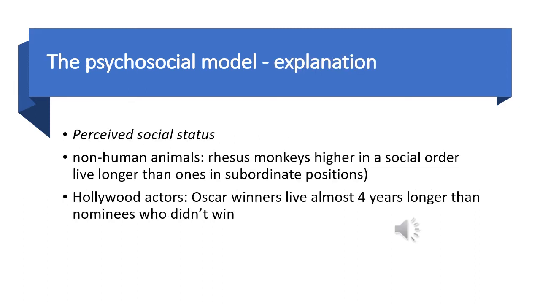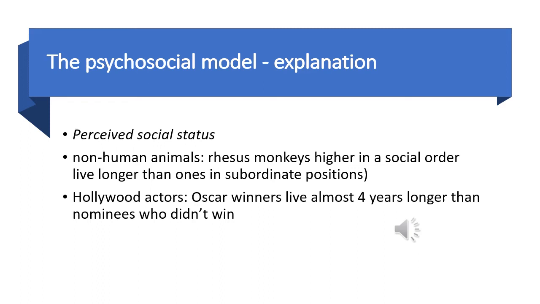Another interesting side of the psychological explanation for social gradient is the perceived social status, what a person believes about himself in terms of his social class. A clinical trial conducted in non-human animals showed that monkeys at a higher social order live longer than ones in a subordinate position.